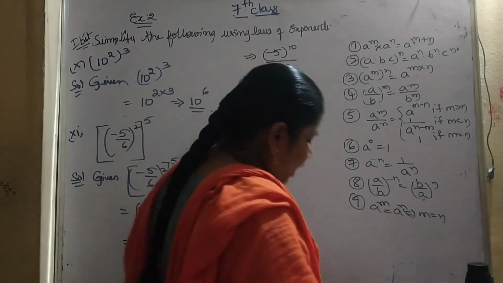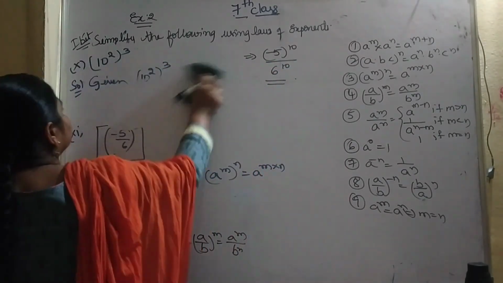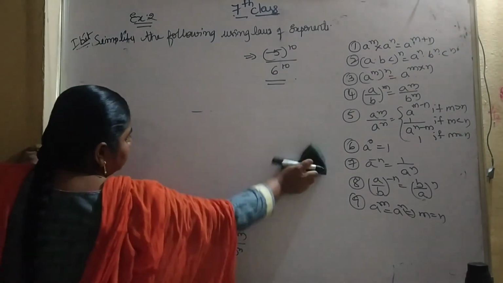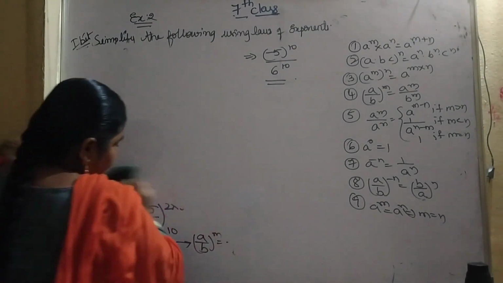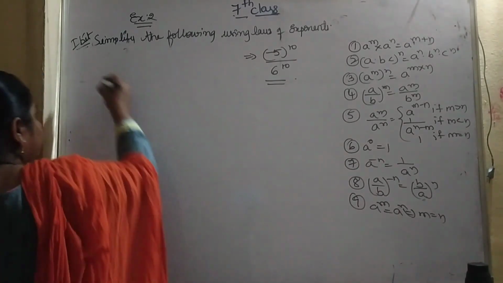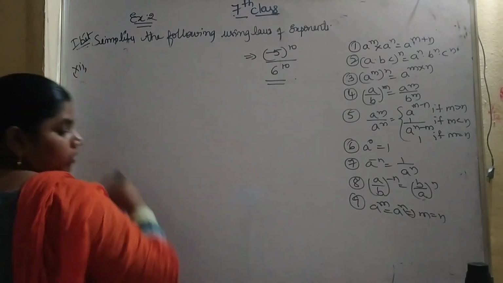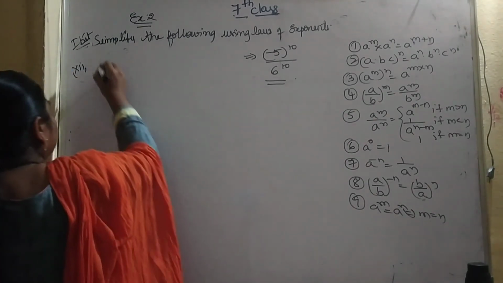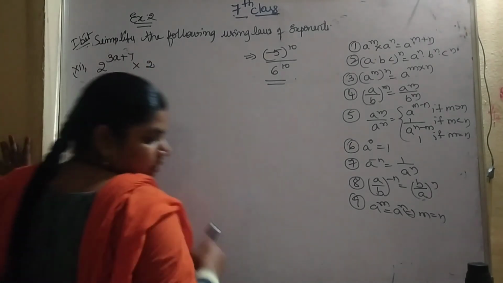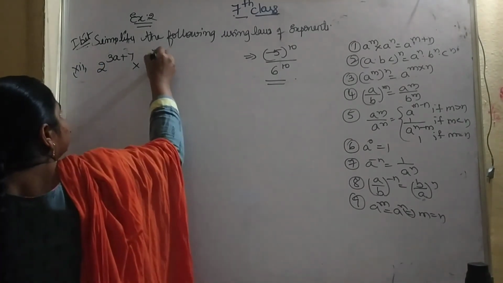Next is the 12th one, that is 2 power 3a plus 7 into 2 power 7a plus 3.